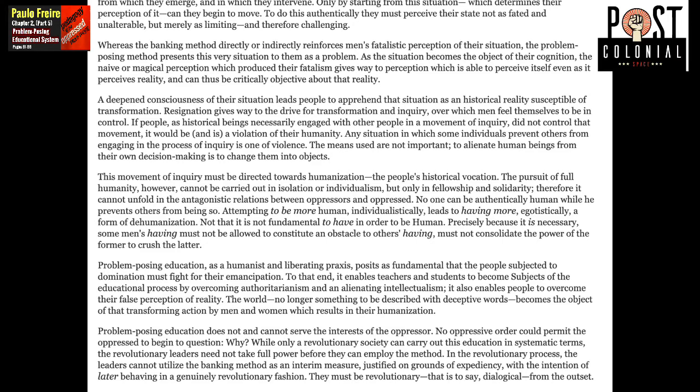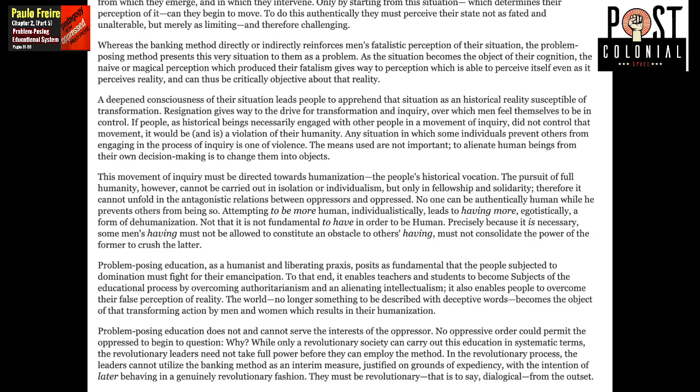Attempting to be more human individualistically leads to having more, egotistically, a form of dehumanization. Not that it is not fundamental to have in order to be human. Precisely because it is necessary, some men's having must not be allowed to constitute an obstacle to others' having, must not consolidate the power of the former to crush the latter.